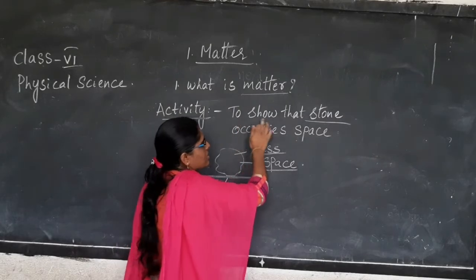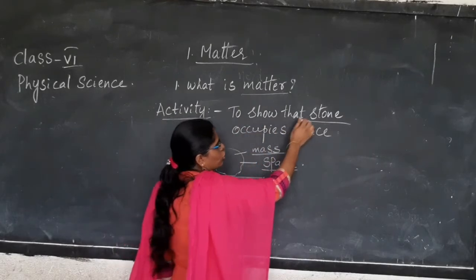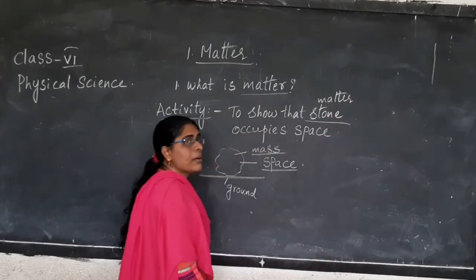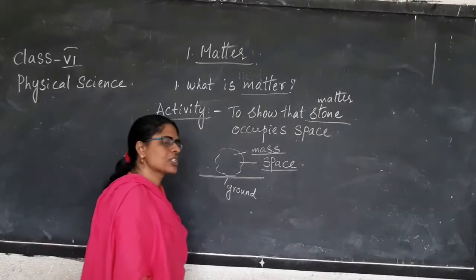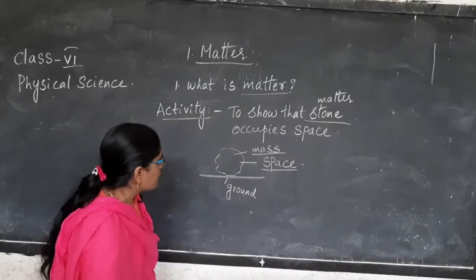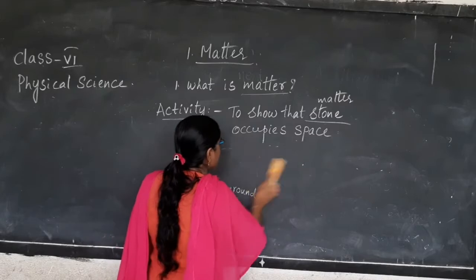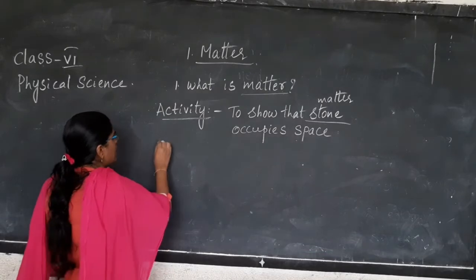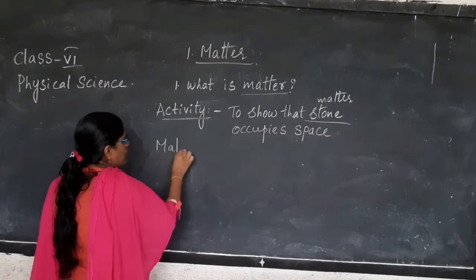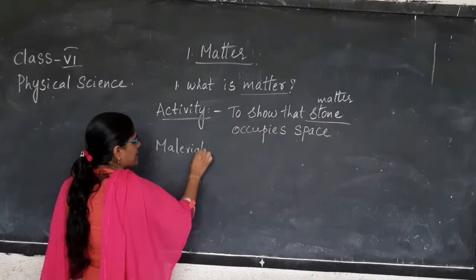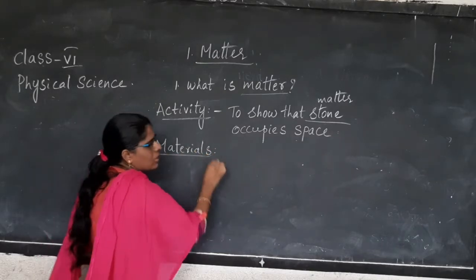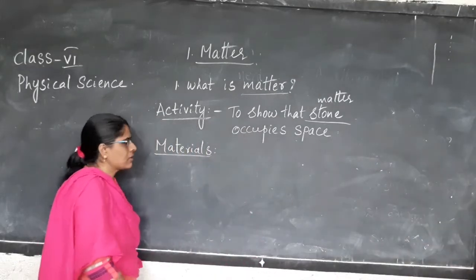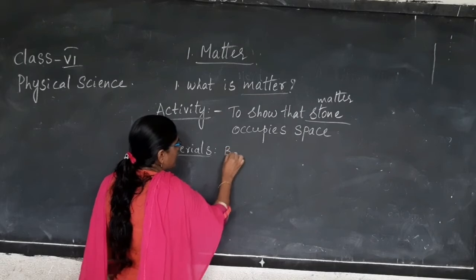Hence, in your textbook, in place of stone you can also write, activity to show that matter occupies space. Okay? For this, your heading is to show that a stone is occupying space. Next we will see what materials are required to do this activity. Take a beaker.